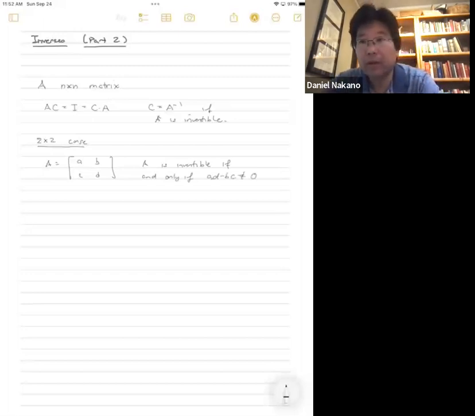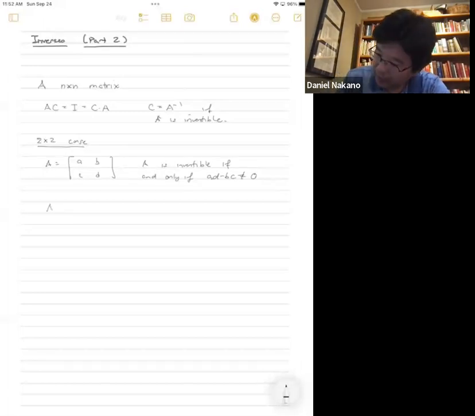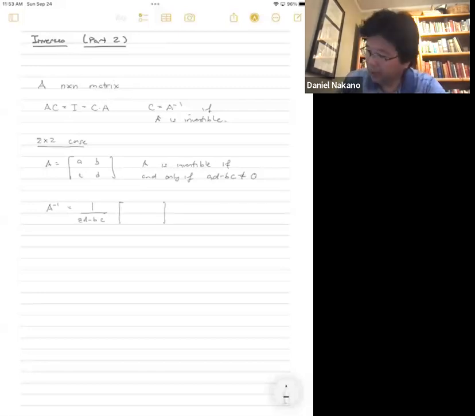So that gave us the condition on invertibility. And once I have the condition, I can write an explicit formula for the inverse. A inverse is equal to 1 over AD minus BC times the matrix where we take the diagonal entries and switch them around, and we negate the entries on the off diagonal parts.